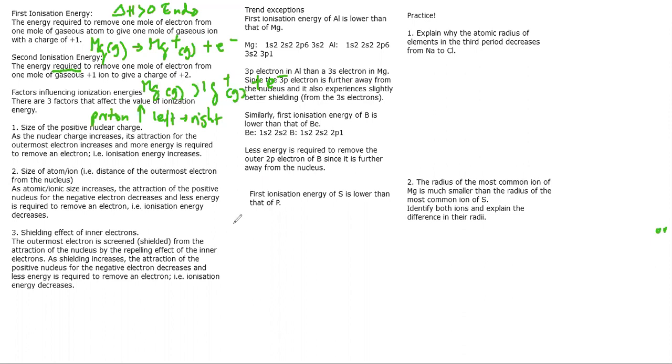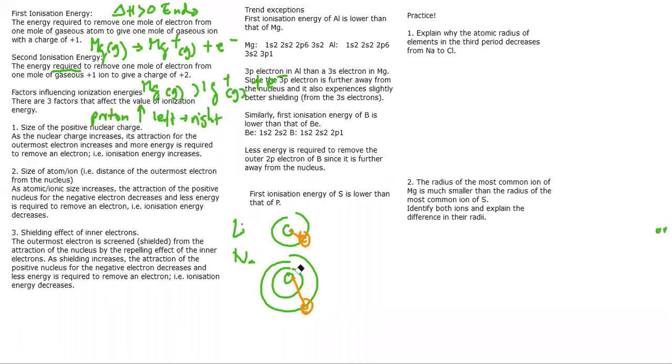For example, if you compare lithium and sodium, lithium has only 2 shells and sodium has 3 shells. So the more shells you have, the less attraction between the electron and the nucleus. The outer electron in sodium is further away than in lithium. So the attraction between the electron and the nucleus in sodium is weaker than in lithium.